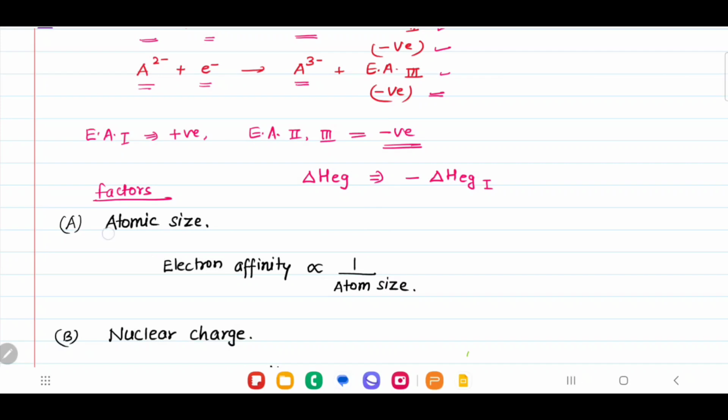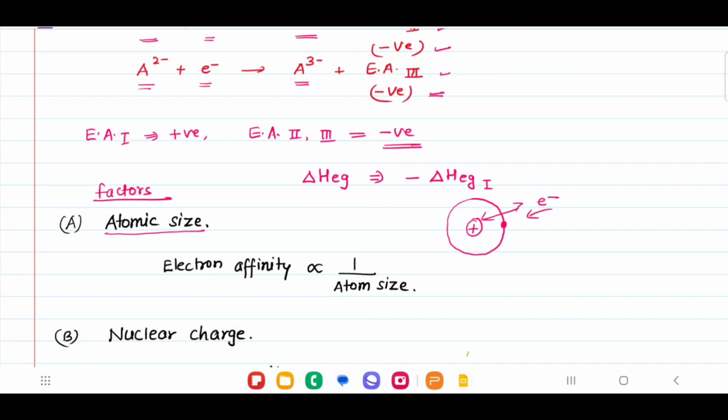First is atomic size. If the size of the atom is more, the coming electron will be far from the nucleus. Let's see, if this is the nucleus and this is a bigger atom, the size is more. So when the electron comes closer to this nucleus, there will be a distance, and due to distance the nucleus will not attract the electron effectively.